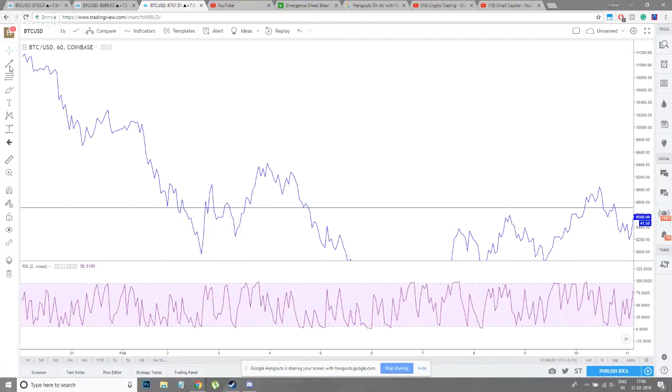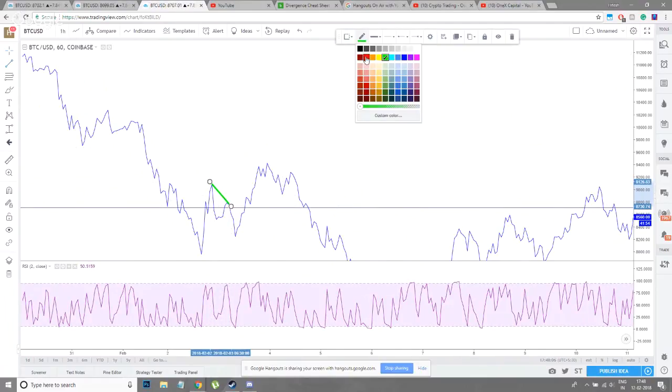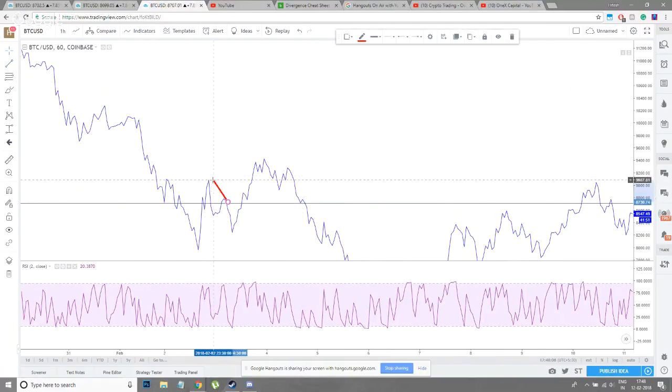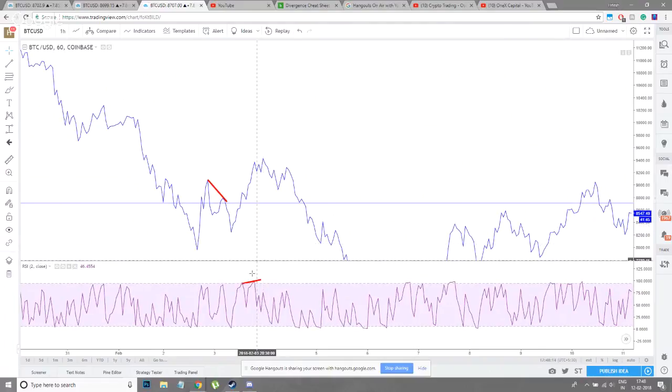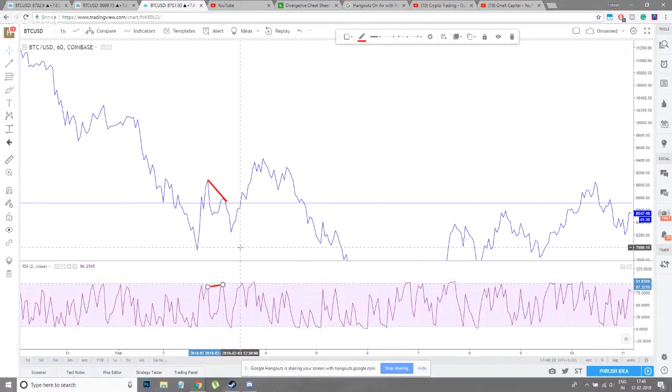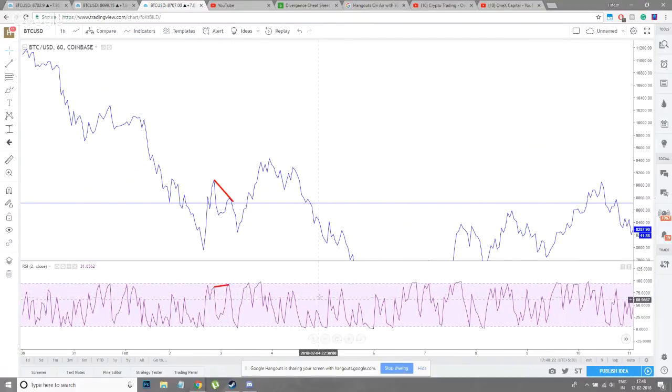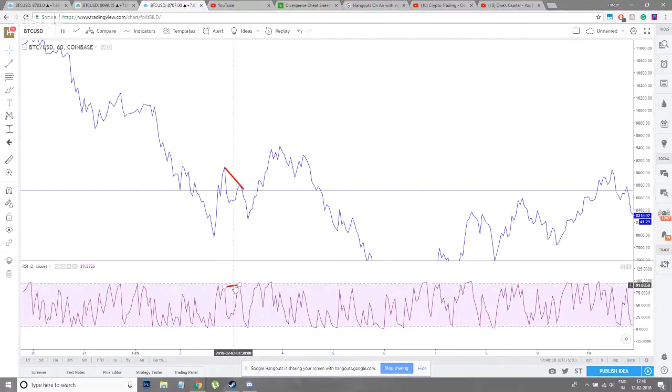Right, this is a good example, where you had a lower high on the price and you had a higher high on the oscillator itself, which was indicating that the trend as a whole is about to shift downwards. There's significant weakness in the trend.